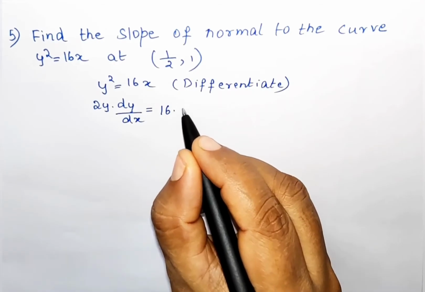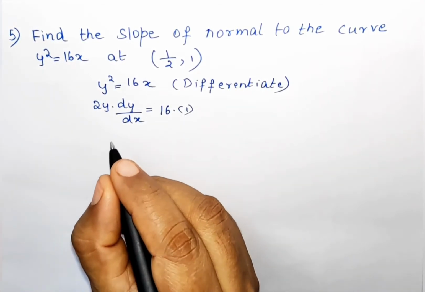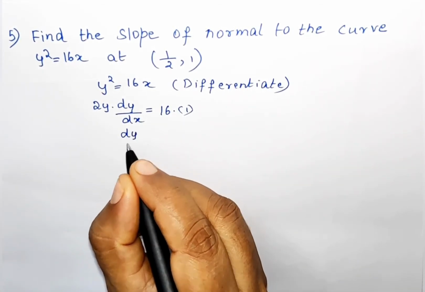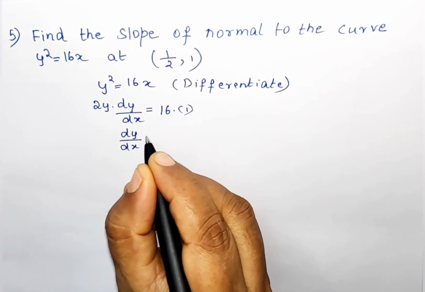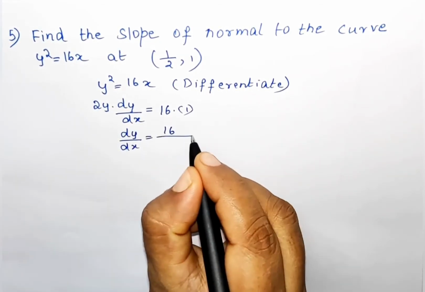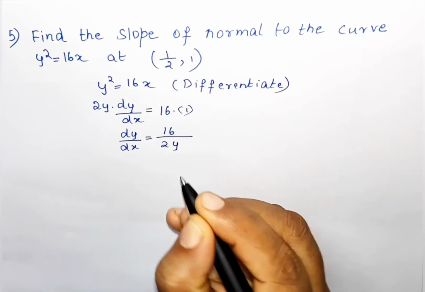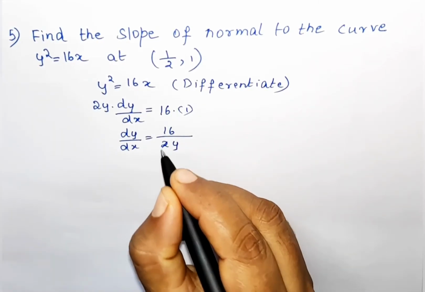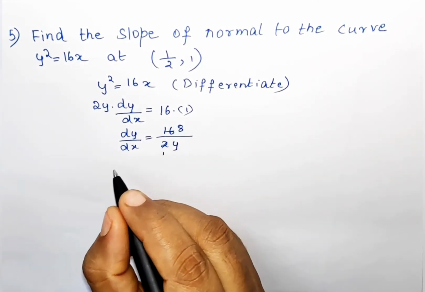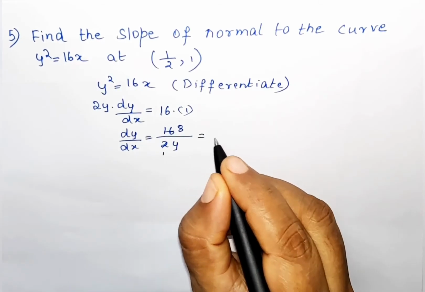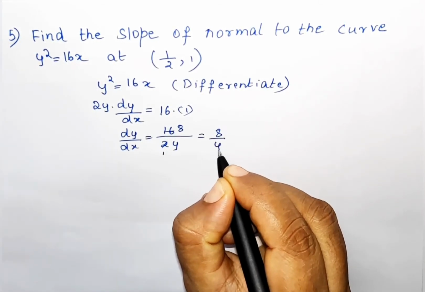So constant into d by dx of function, that is d by dx of x is 1. Now dy by dx will be equal to 16 divided by 2y. You are shifting the 2y to the right hand side. So 16 by 2y. 2 ones are 2, 2 8s are 16. So we get 8 by y.